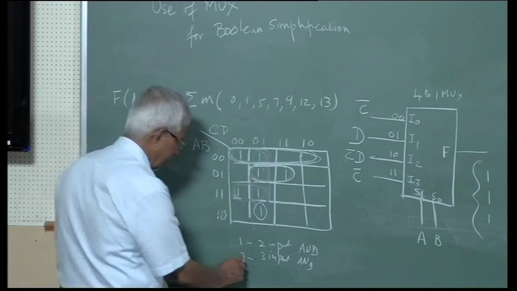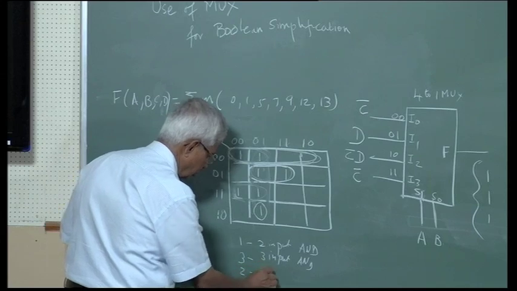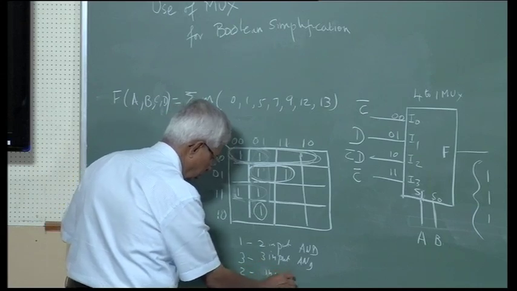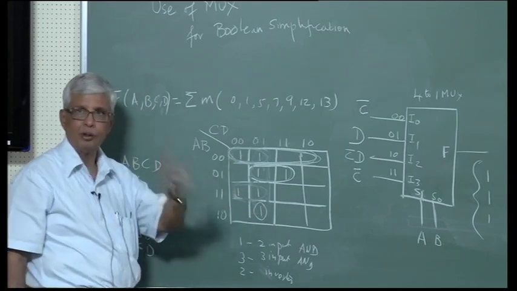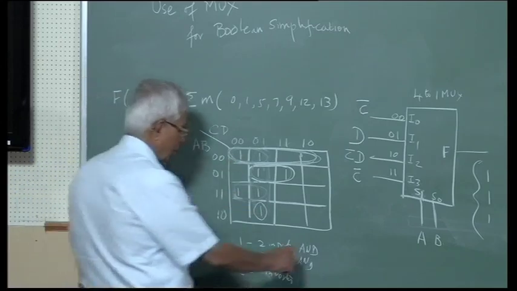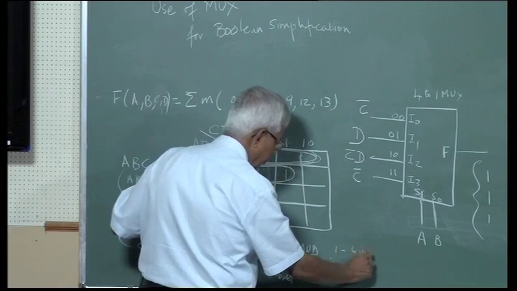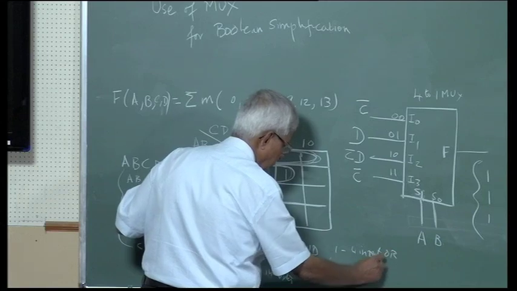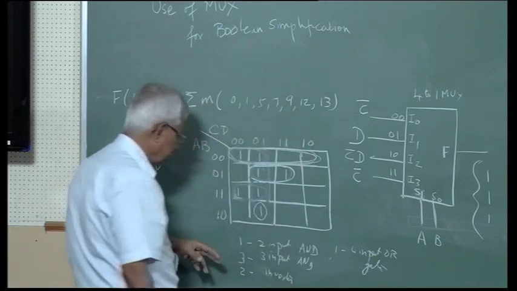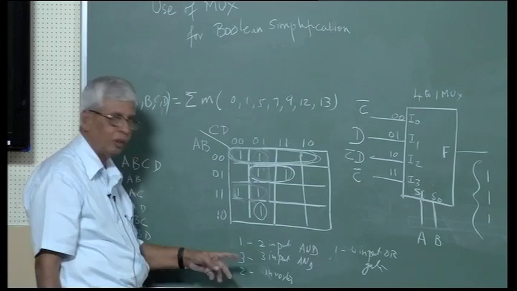So 2 inverters, and finally these 4 terms will be combined using one 4 input OR gate. So: one 4 input OR gate, one 2 input AND gate, 3 input AND gates and 2 inverters.